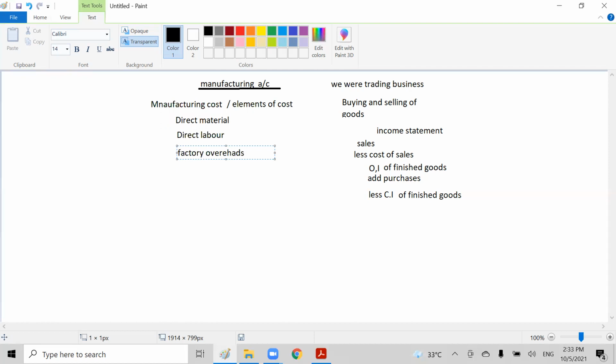In order to manufacture anything, you have to incur these three costs, which is manufacturing cost or elements of cost, which includes direct material, direct labor, and factory overheads.